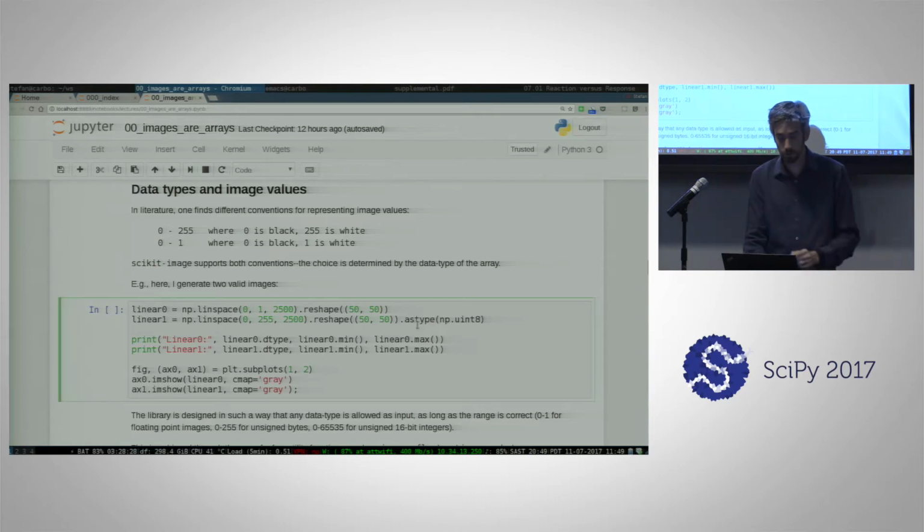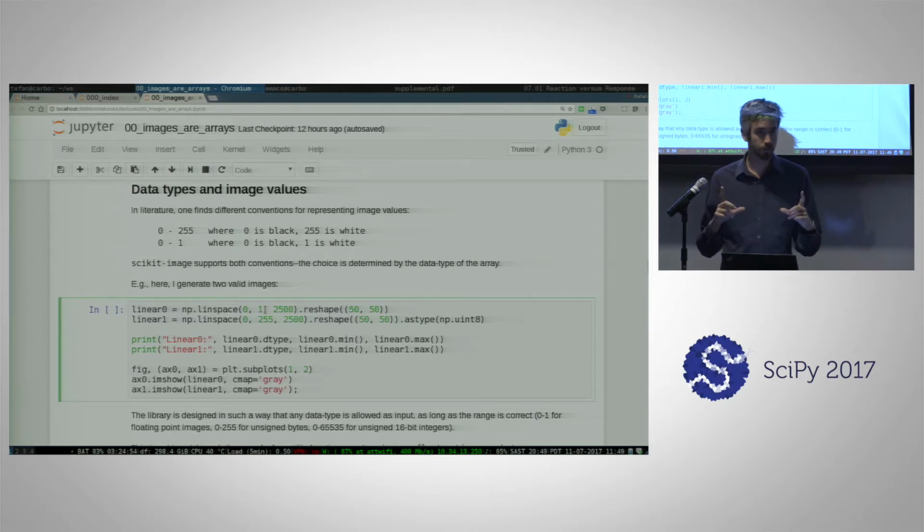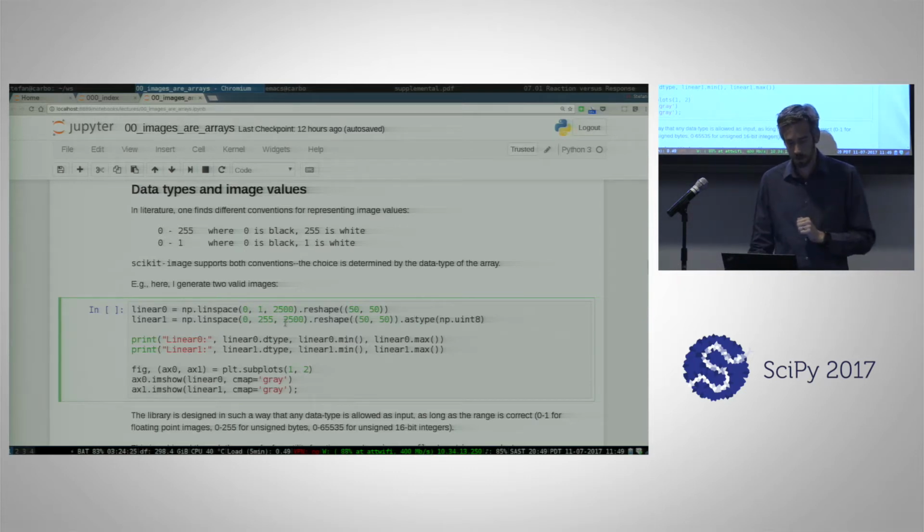So here's an example speaking to your point. I'm going to use NumPy's linspace. I'm going to take 2,500 values between 0 and 1, and reshape that into a 50 by 50 block. Then I'm going to do the same, but take values between 0 and 255, reshape them into a 50 by 50 block, and cast them to uint8.